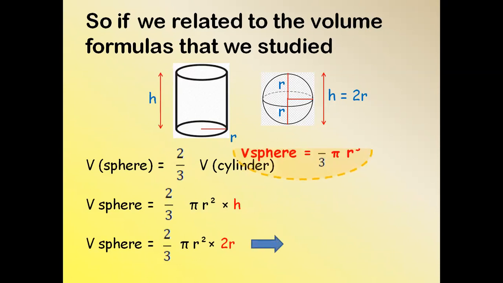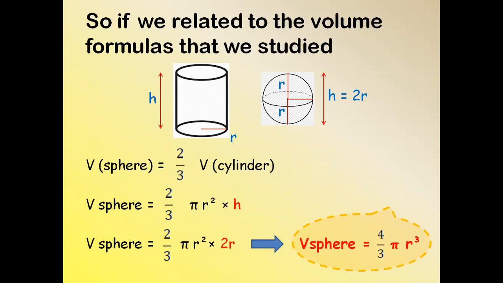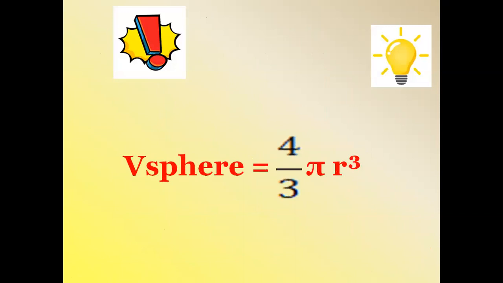So we get that the formula for the volume of a sphere equals 4/3 pi r cubed. We have 2 times 2, which gives 4, over 3 as it is in the denominator, so it will be 4/3 pi r cubed. So our formula today is: volume of sphere equals 4/3 pi r cubed.